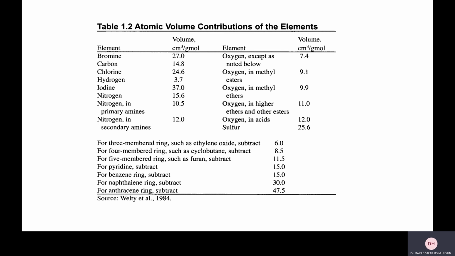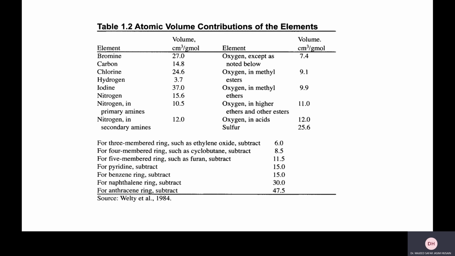You go to this table, take carbon, which was 3, multiplied by 14.8, and then do the rest also for the hydrogen and the chlorine. It should give you a value of 87.5 centimeter cube per gram mole. So that will be the VB.